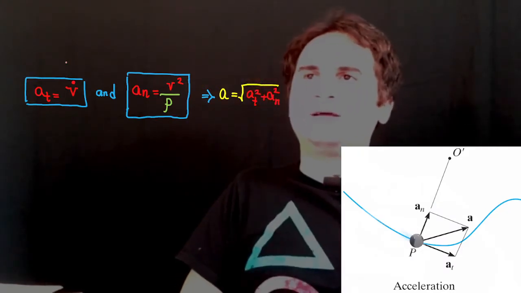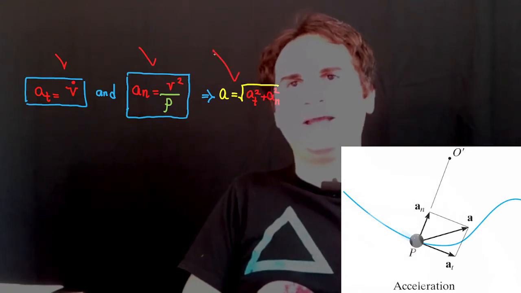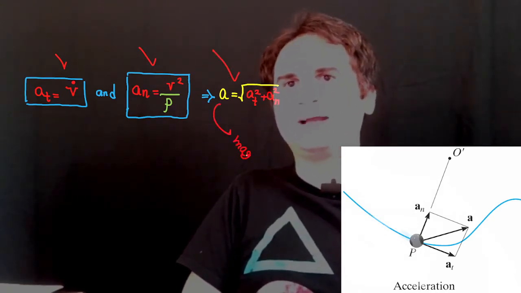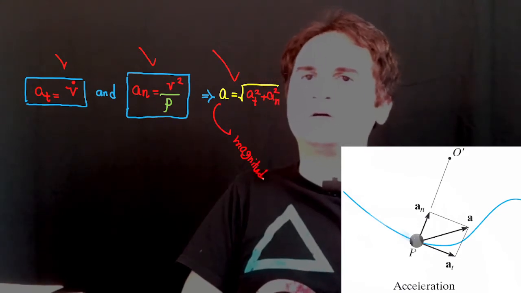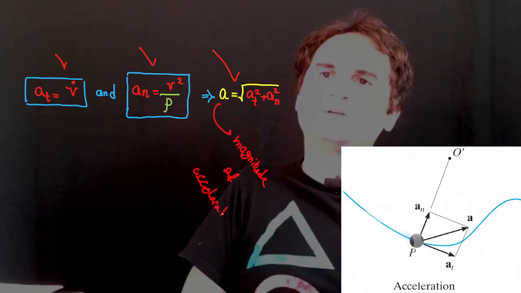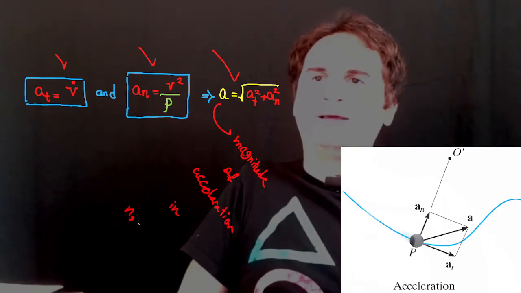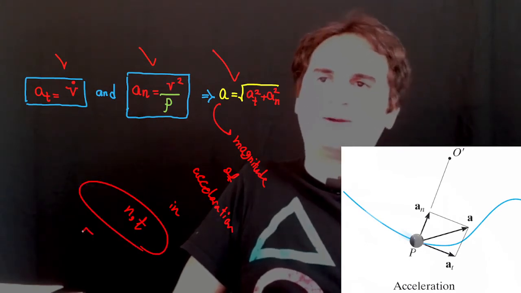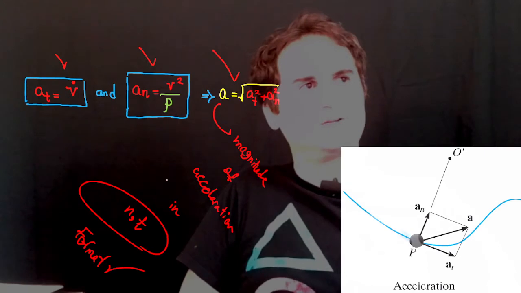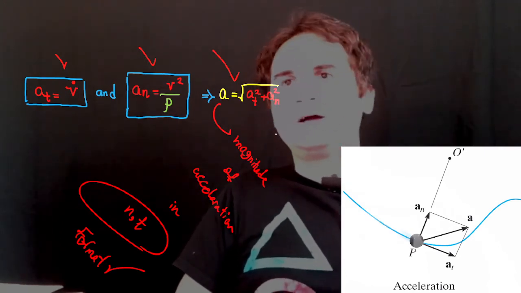So again, at is v dot, an is v squared over rho, and a, the magnitude of acceleration in normal and tangential format, gives us this equation.